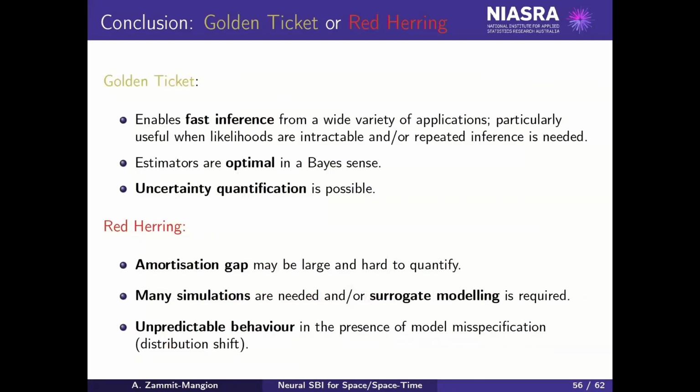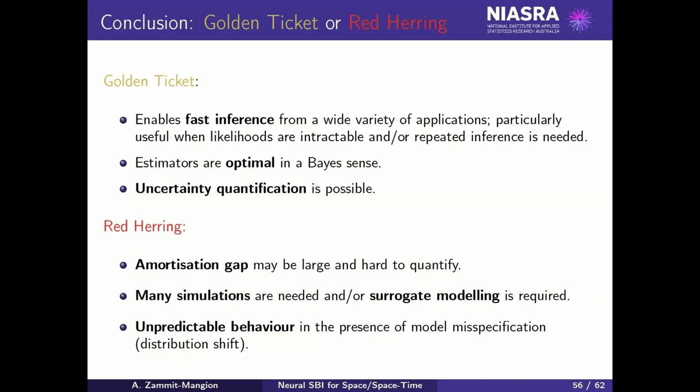So is Neural SBI a golden ticket or a red herring? The golden ticket argument is that yes, it enables fast inference. In the case of point estimation, estimators are optimal in a Bayes sense, and you can do uncertainty quantification. Why should we be careful? The first thing is the amortization gap. When you train one of these neural networks, it's very hard to know how accurate it actually is.